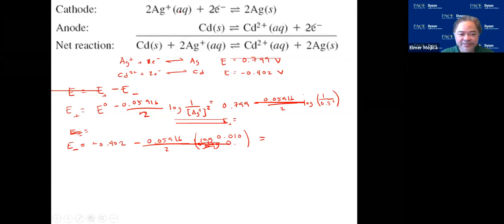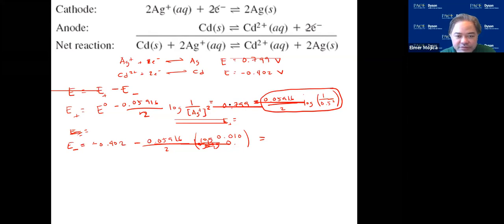So what's the E plus? Is it 0.5 or 0.05? I just want to make sure. It's 0.5. So what do you get on this side when you do the operation for this?